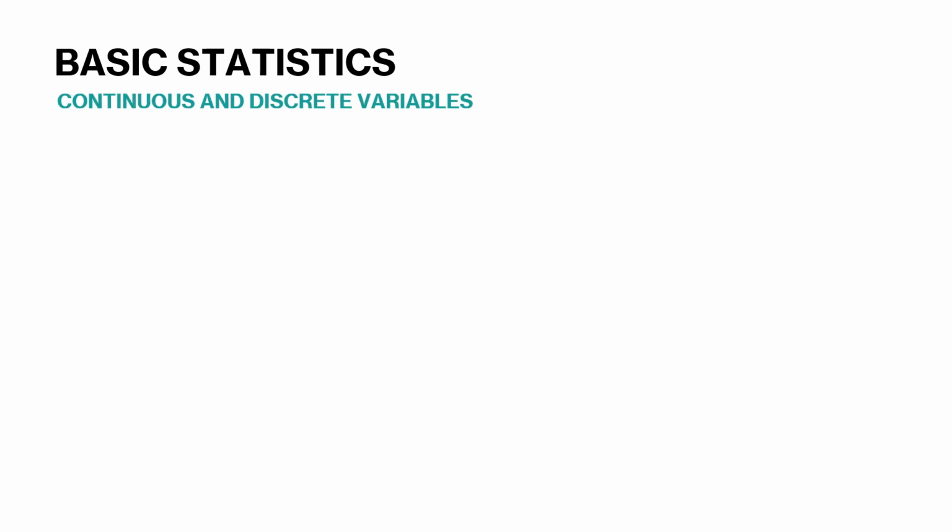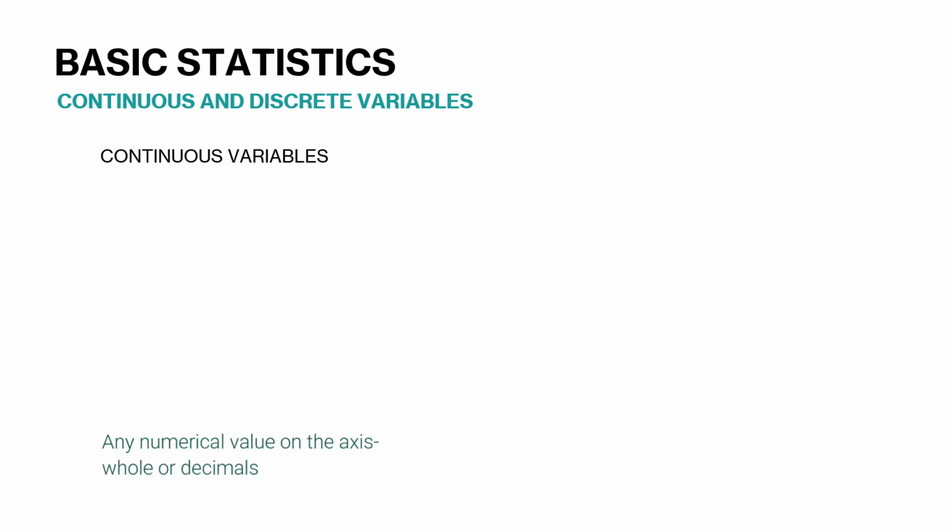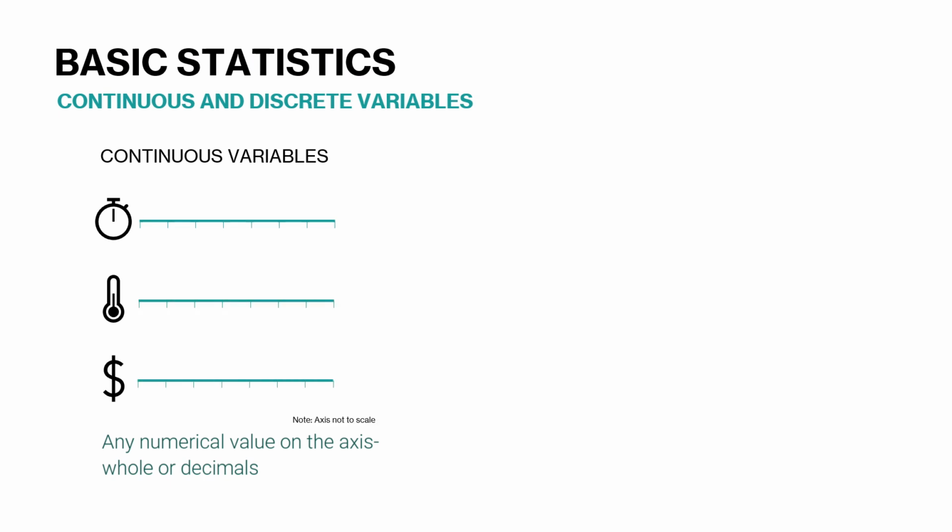Continuous and discrete variables. A variable may be continuous or non-continuous in nature. A continuous variable is a variable that can take any value on the numerical axis or part of it. Time, temperature, income, price, and expenditure can be classified as continuous. For example, time: a race can be completed in 10 seconds, 10.5 seconds, or 10.75 seconds.